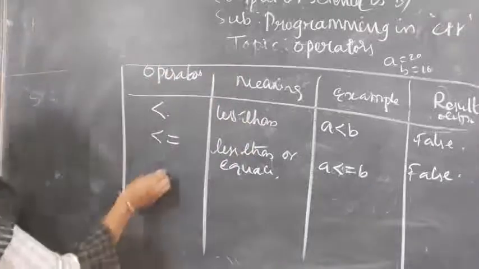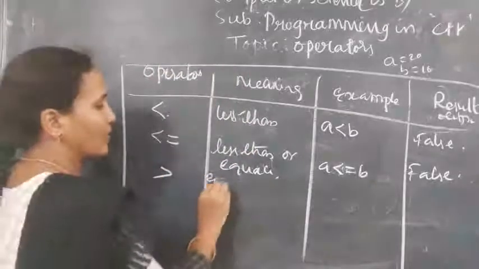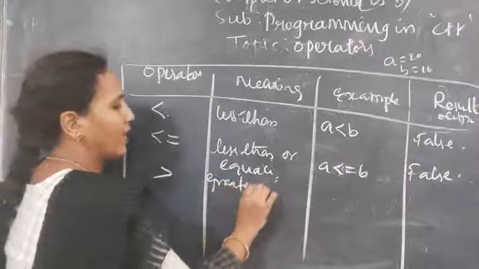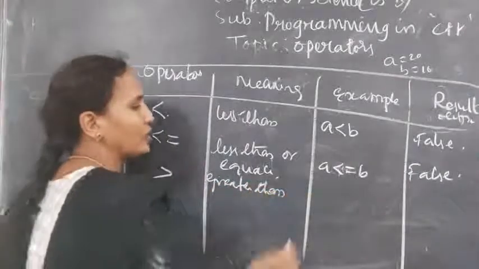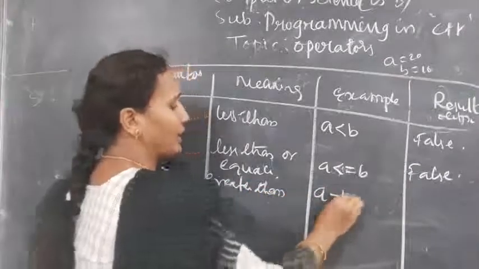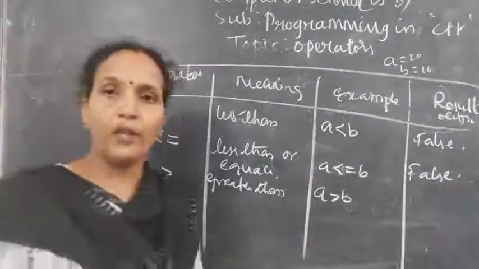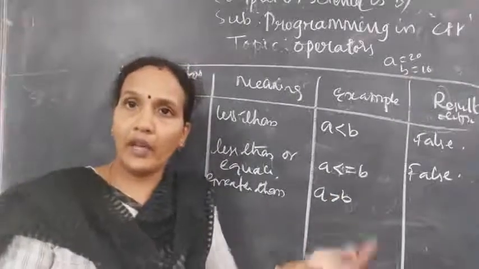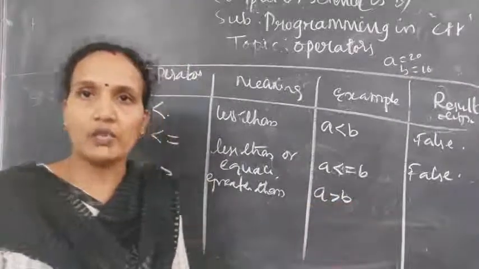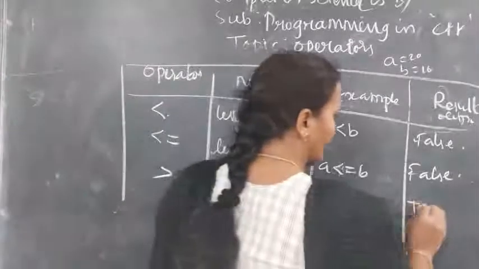Now, greater than. Here I am giving an expression, A greater than B. A value is 20, B value is 10. So A value is greater than B, the condition is true, and you will get a true result.